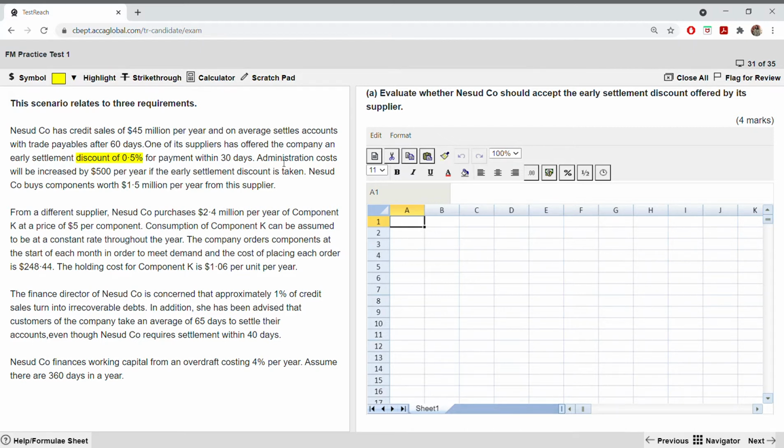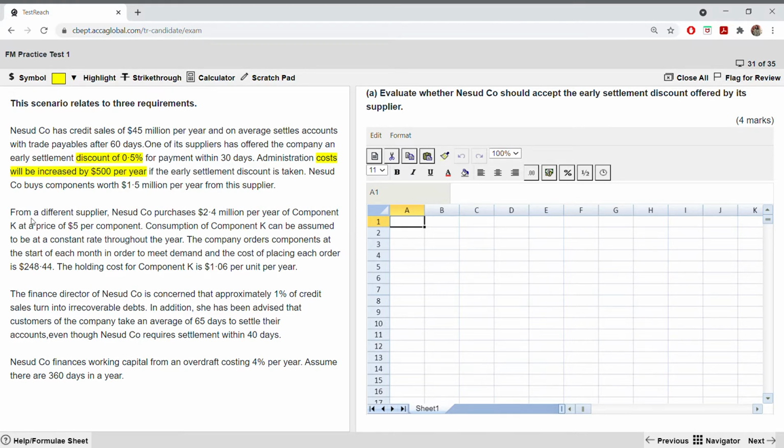So administration cost will increase by 500 per year if the early settlement discount is taken. So what happens? This will increase. These are some drawbacks of early settlement discount. Okay. Nesot company buys components worth 1.5 million per year from the supplier. What is the worth of the component? 1.5 million. Okay.